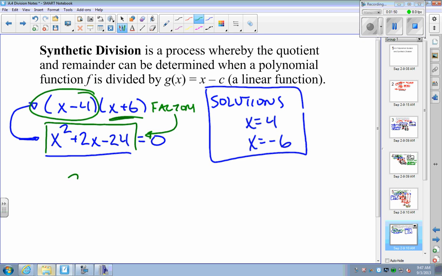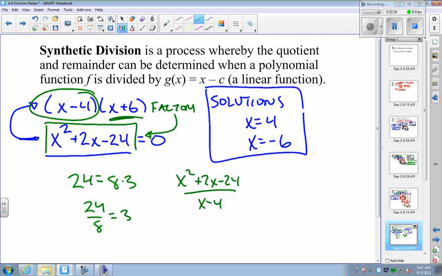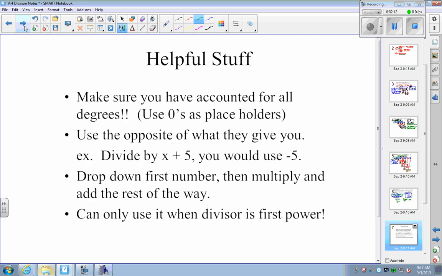It's the same idea as 24 is the same thing as 8 times 3. 24 divided by 8 is 3. This quadratic divided by an x minus 4, if you did long division, gives you x plus 6. Okay? Synthetic division is going to give us a shortcut for it.